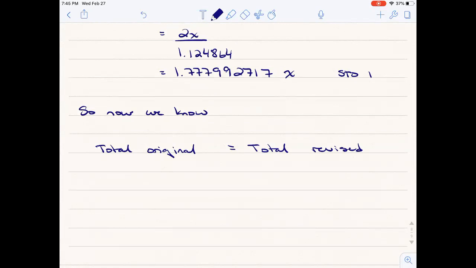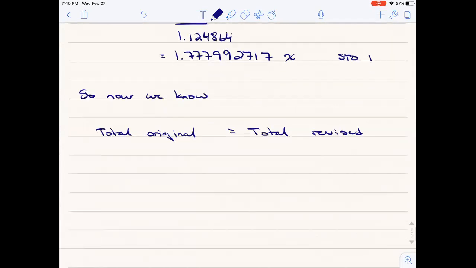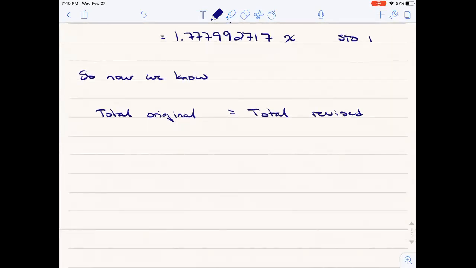We'll start there again. So we said future value 1 plus present value 2 has to equal x plus future value 3 plus present value 4.